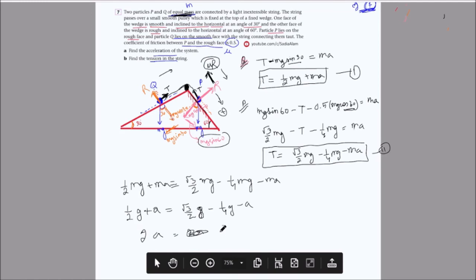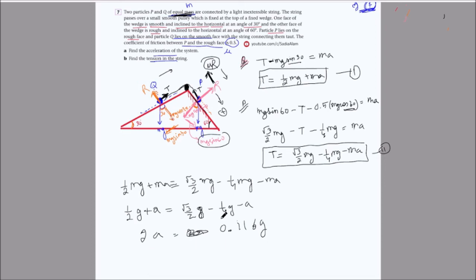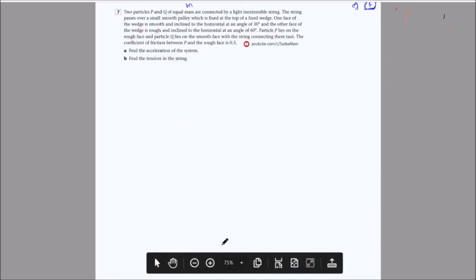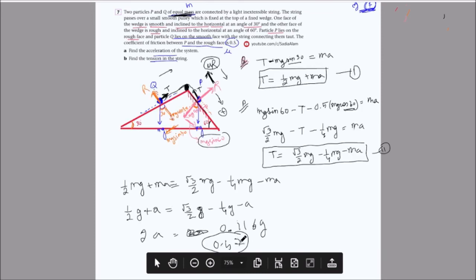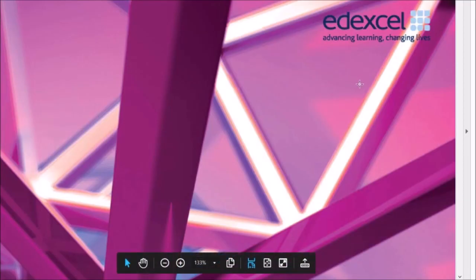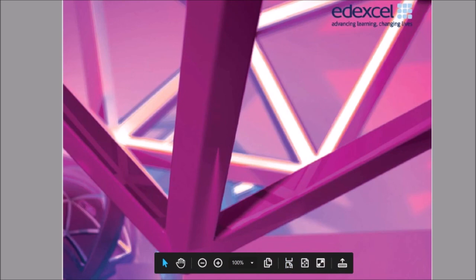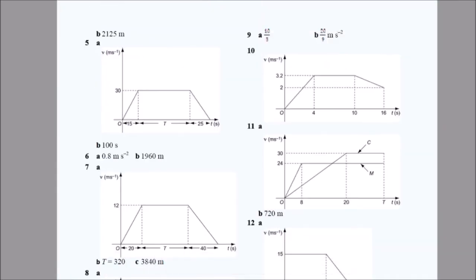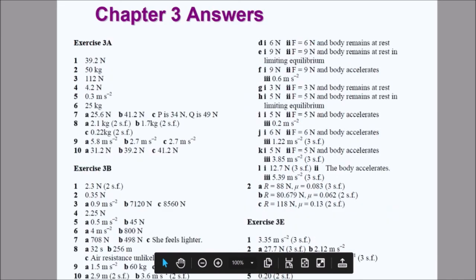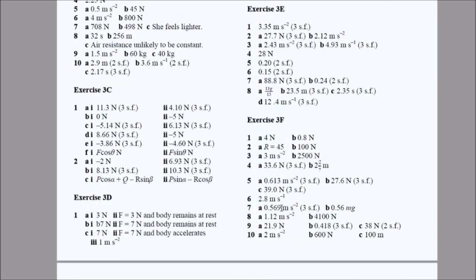A equals 0.116g. I'm converting them into decimal since the question didn't say anything. You can keep the answers in terms of root. So it's 0.57. Let me check the answer first. 0.569.